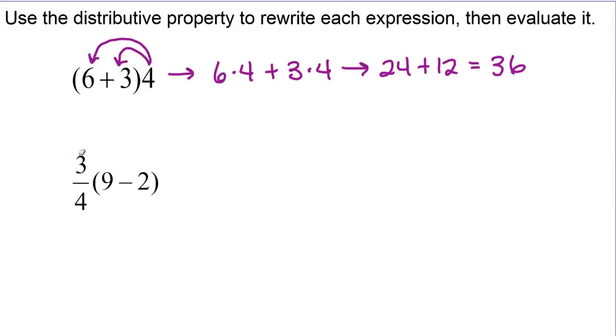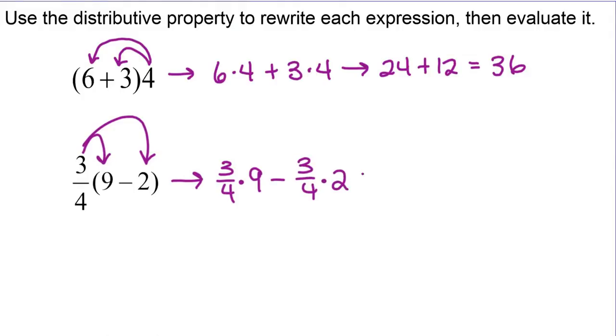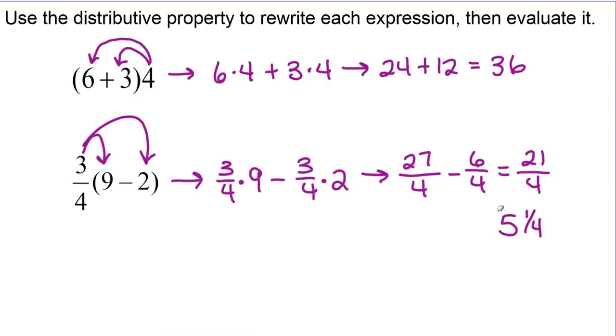And then this next one, I can take everything in this difference times 3/4 first, and then find the difference. 3/4 times 9 minus 3/4 times 2, and that gives me 27/4 minus 6/4, which is 21/4, or 5 1/4.